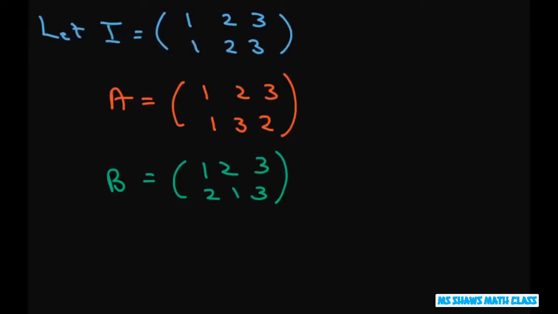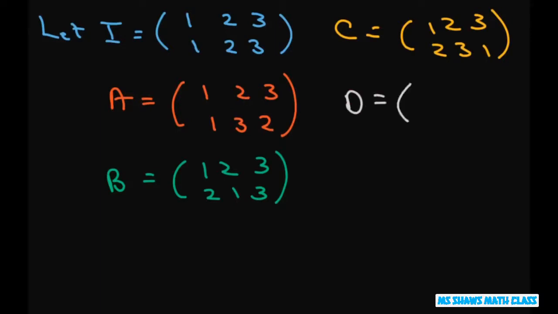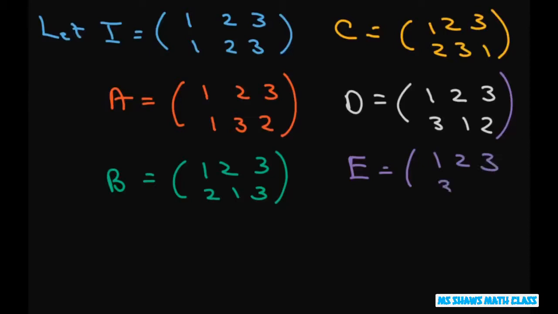I'm just arranging these in any order. And then let's let C equal 1, 2, 3 and 2, 3, 1. And D equal 1, 2, 3 and then 3, 1, 2. And then we'll let E equal 1, 2, 3 and 3, 2, 1. So there's the 6 possible permutations of these elements.